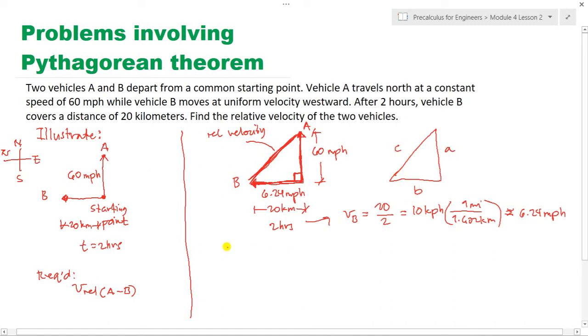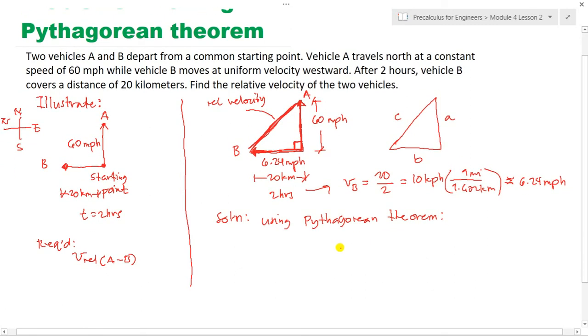So, therefore, solution, using Pythagorean theorem. So, our C here is the relative velocity. So, ito yung required natin.